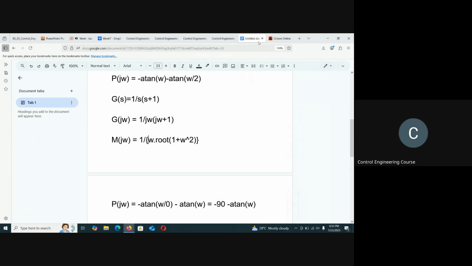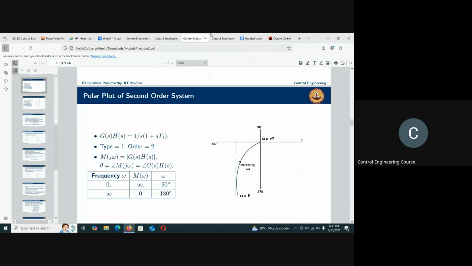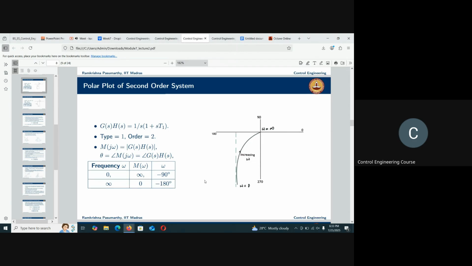So the same thing: it touches the origin parallel to the minus 180 degree line. But the thing is, it starts at minus 90. Got it? So that is what is shown here.